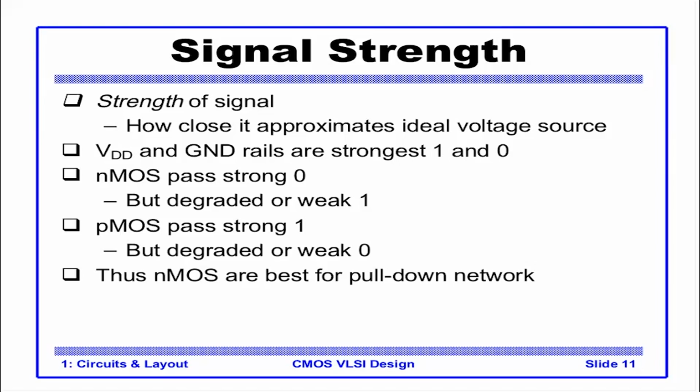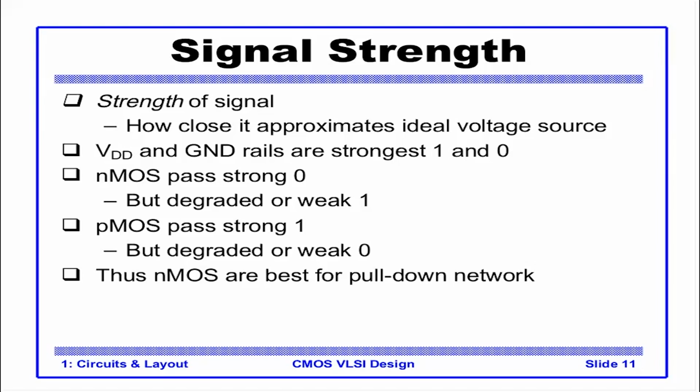So for each of those gates, each of the outputs and inputs, we have to see that they should all be relatively strong, to make sure that the functionality of the whole digital design is correct.